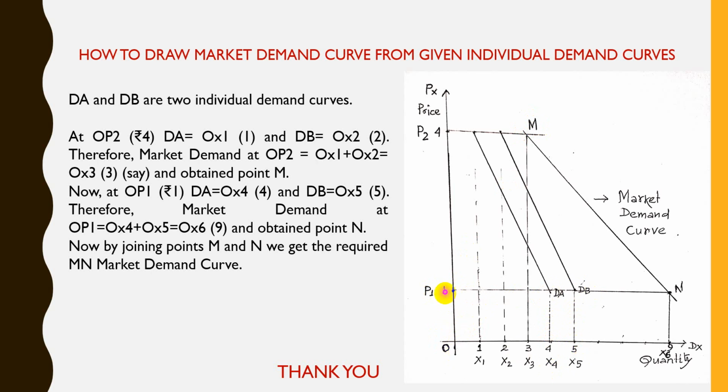So the market demand at OP1 is OX4 plus OX5, say OX6. So the total will be 4 plus 5 equal to 9. And we have obtained the point N. Now by joining M and N, we get the required market demand curve.